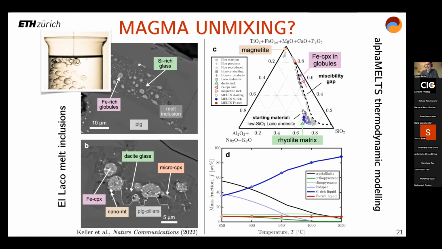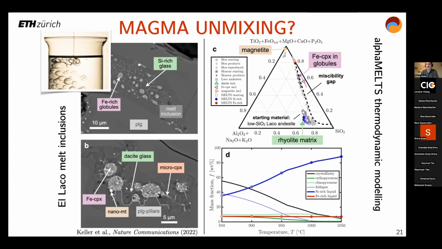So we entered a starting material similar to a low silica andesite from El Laco, and we observed along a cooling path from 1050 to 850 degrees that a silica-rich melt splits away from an iron-rich melt, and these have not identical but similar compositions to what is found in the experiments, and also similar to what we found in the El Laco melt inclusions, although the iron-rich melt in these melt inclusions tends to be a little bit less iron-enriched, which could be simply because this most likely represents an accessory form of that magma unmixing, which happened at a late stage in these melt inclusions, and that might be slightly different from a more large-scale magma unmixing process, which we're hypothesizing.